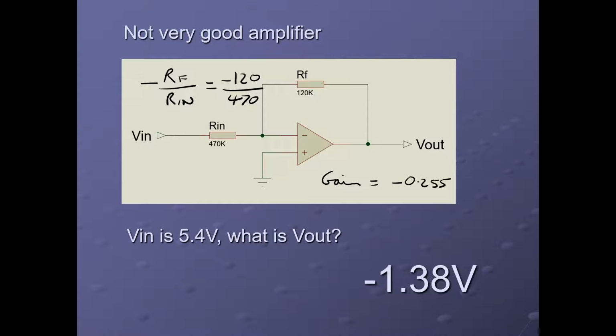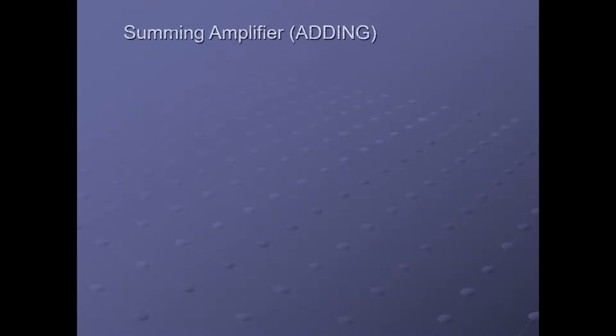Okay, so not a very good amplifier, but we'll see how that works with a digital to analog converter. With a digital to analog converter we're going to use these inverting amplifiers, but it's not such a big issue if it's not amplifying the signal, because I'm not using it as an amplifier, I'm using it as a converter. So let's see how that works.